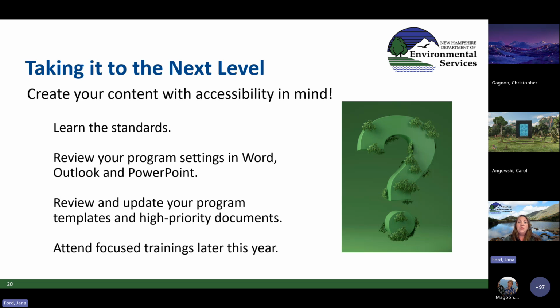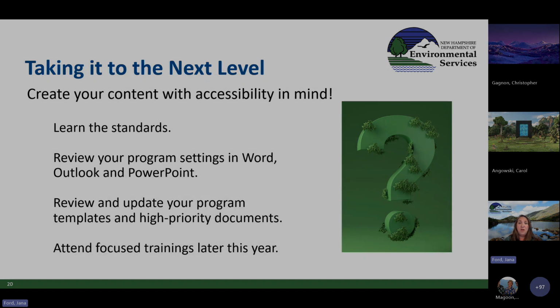Therefore, the agency is focusing on ensuring that all staff know what the requirements are and that programs begin the work of ensuring their content meets the WCAG standards. For many, this will mean reviewing your default settings in Microsoft applications like Outlook, Word, and PowerPoint, and reviewing and updating any template emails, notification letters, and high priority documents that your programs have to make sure that they are compliant.